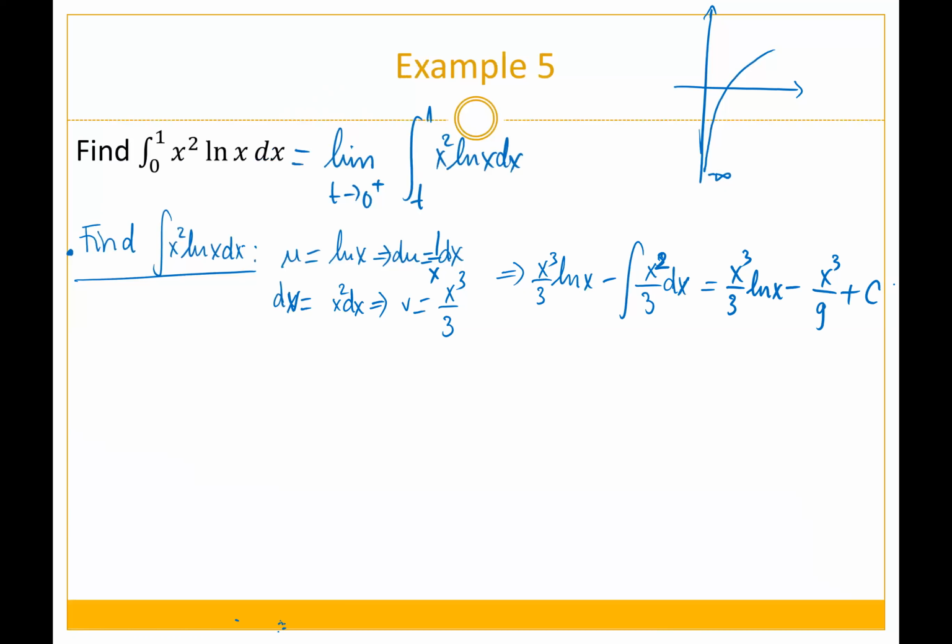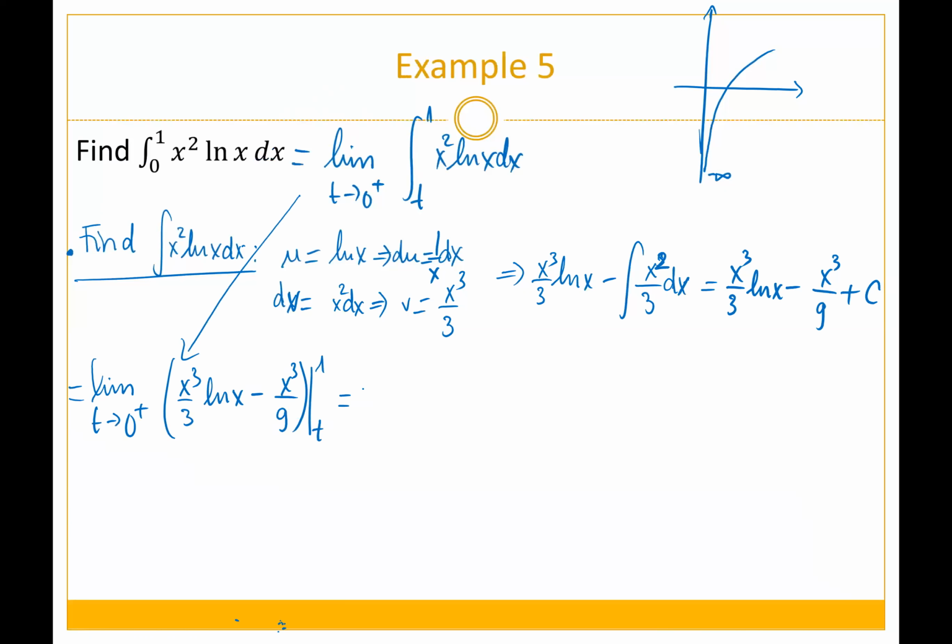So now we're going to put it back to here. So let's have the limit of t approaching 0 plus of x cubed over 3 ln of x minus x cubed over 9 from t to 1.